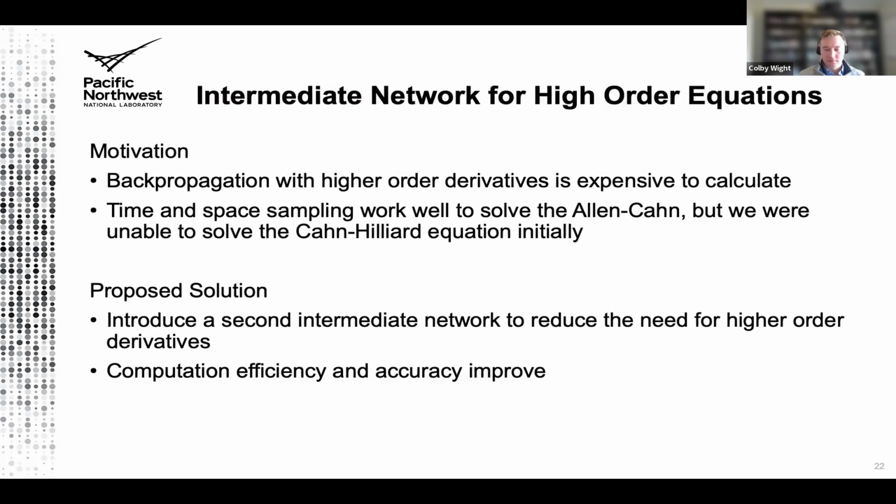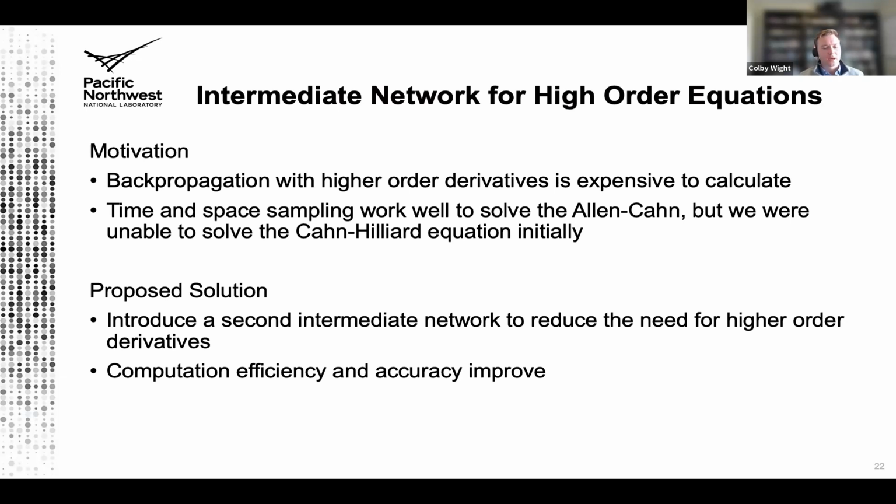Okay, and finally, when we moved on from trying to solve Allen-Cahn to the Cahn-Hilliard equation, we used this final technique, which was using an intermediate network for working with these higher order equations. Because backpropagation, in the case of Cahn-Hilliard, this 4th order equation, starts to become quite expensive to calculate.